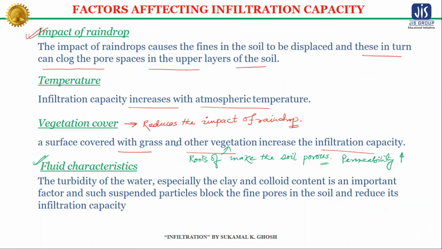The turbidity of water, especially the clay and the colloid content, is a very important factor which affects the infiltration capacity, because such suspended particles block the fine pores of the soil, and thus it reduces the porousness of the soil, and as a result the permeability of soil decreases. And we know if the permeability of soil decreases, then infiltration capacity will also decrease.